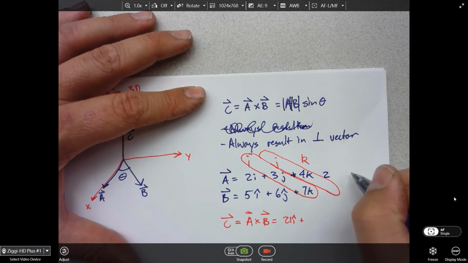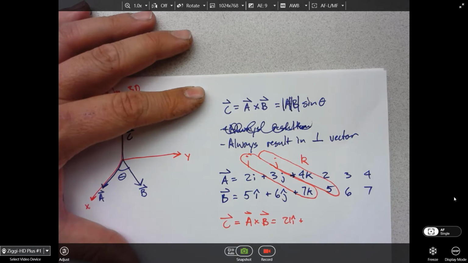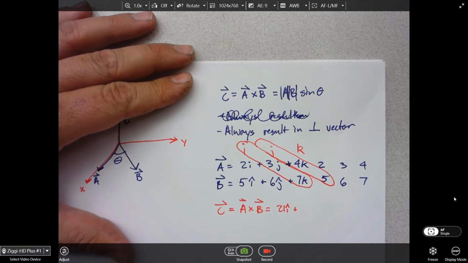So you'd say 2, 3, 4 again, and 5, 6, 7. I know this is messing with you guys because this isn't how you learn to do cross products, but it's how I learned it, and I like it better than your way.